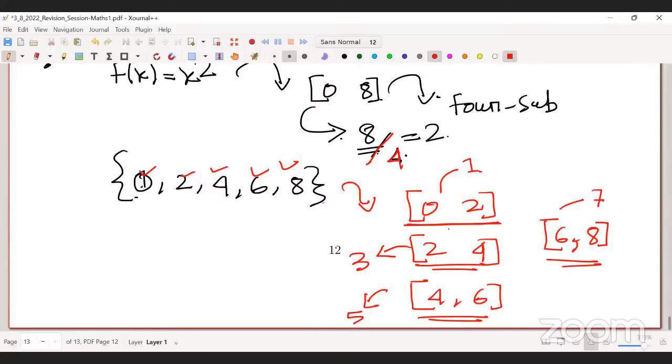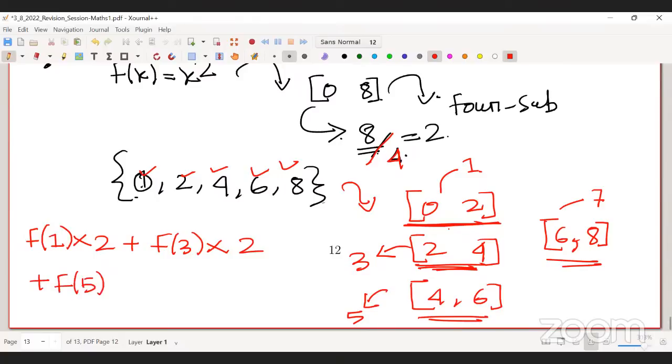So then the final value will be f of 1 times the length of the interval. The length of the interval is 2. Then f of 3, the middle point of this interval, times the length of this interval, which is 2. Then f of 5 times the length of this interval, f of 7 times the length of this interval.